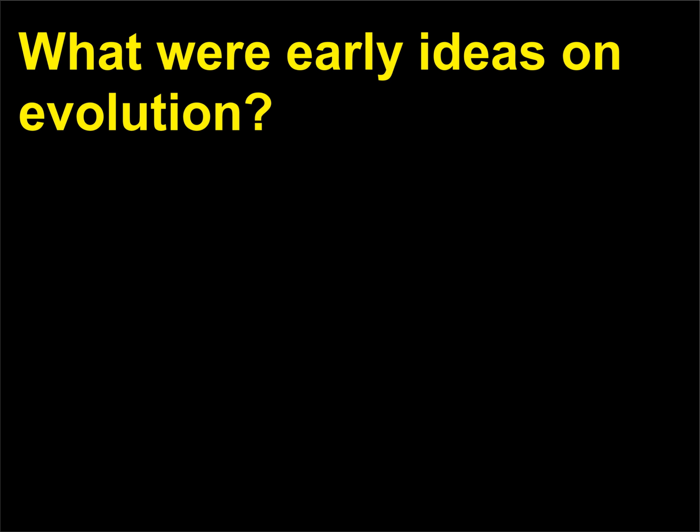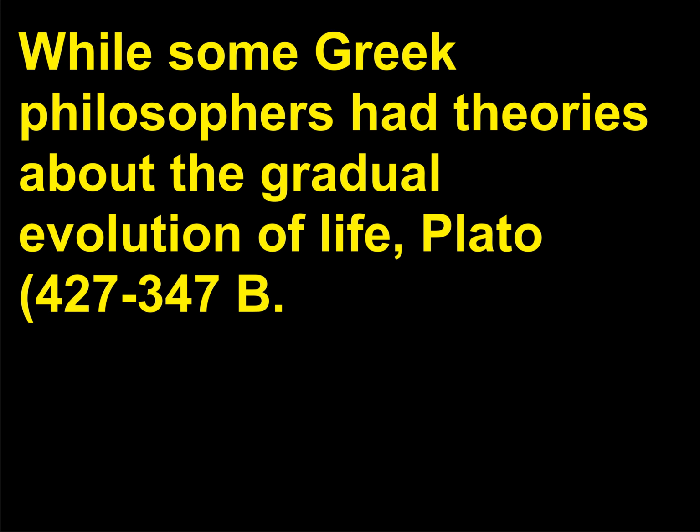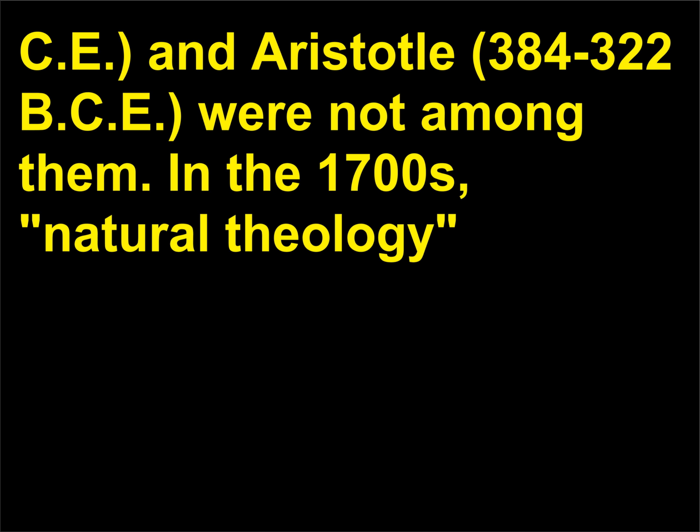What were early ideas on evolution? While some Greek philosophers had theories about the gradual evolution of life, Plato, 427 to 347 BCE, and Aristotle, 384 to 322 BCE, were not among them.